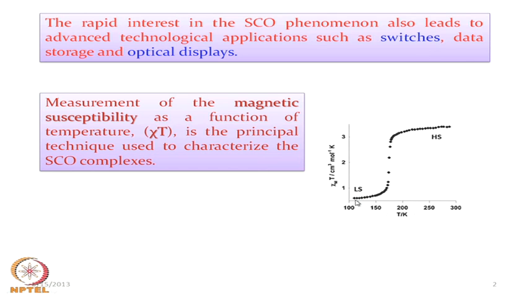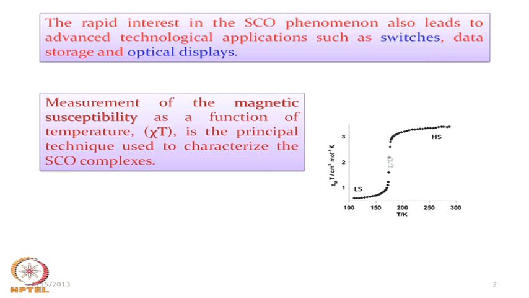As we move from say 25 or 30 Kelvin upward, around 175 K, the value of the magnetic moment is rising very fast within this zone, close to 170 to 180 Kelvin. In 170 to 180 Kelvin, the molecule is entirely transforming from a low spin state to a high spin one.